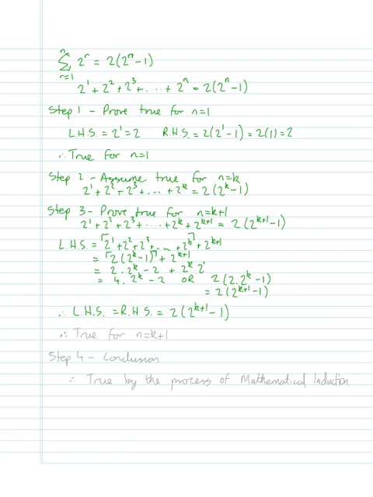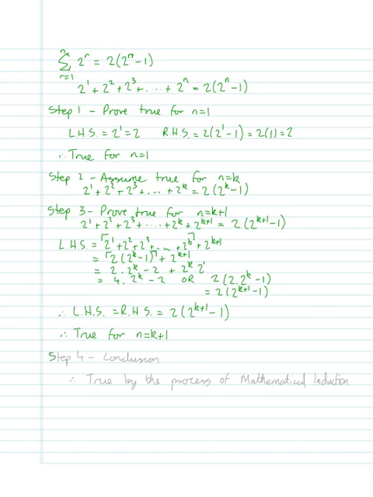So therefore true for n equals k plus 1. Now, because it's true for n equals k plus 1, and it's also true for n equals k, we've proven that if you can start with 1, then all the other ones above 1 are also true, and because we did start with 1 up in step 1, it's true by mathematical induction.